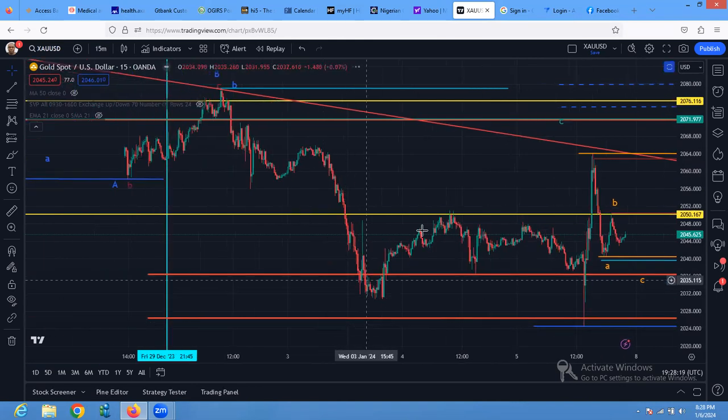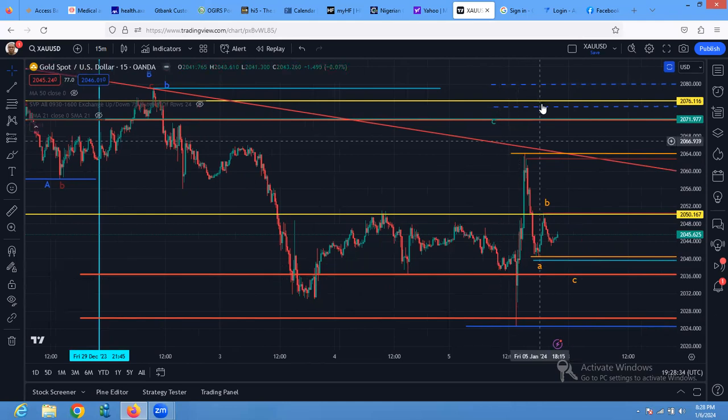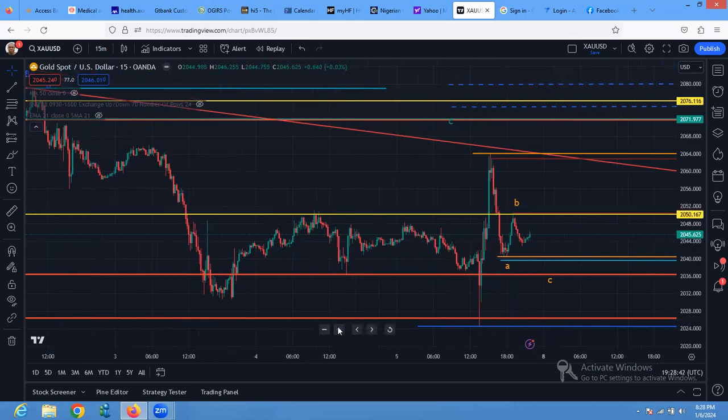So we see this as an A, the B part, A, B, C of B, just like a 1, 2, 3, 4, 5 to the downside to finish this wave. And now we are seeing this explosive move almost immediately to the upside for you not to catch the price. But the price will still present an opportunity for you if you can read what is happening.